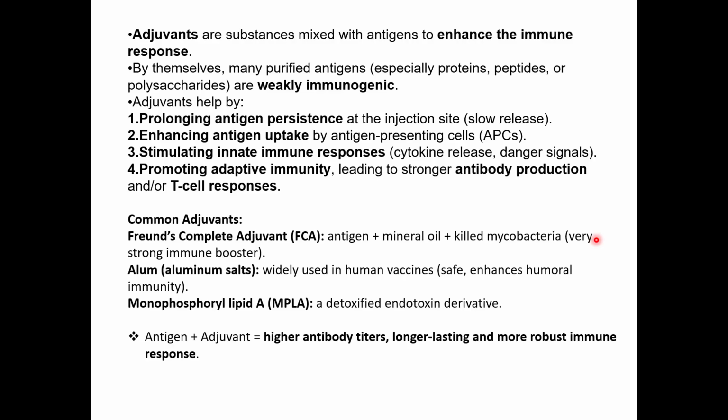Then coming to adjuvants. So adjuvants are substances mixed with antigens to enhance immune response. So by themselves, many purified antigens, especially proteins, peptides, or polysaccharides, are weak immunogens. So we need adjuvants to increase the immunogenic nature of the antigens.